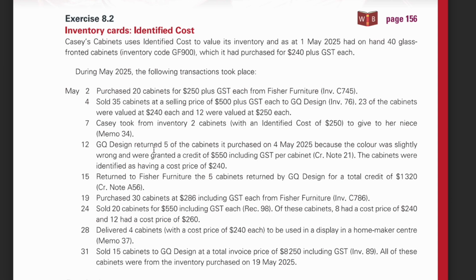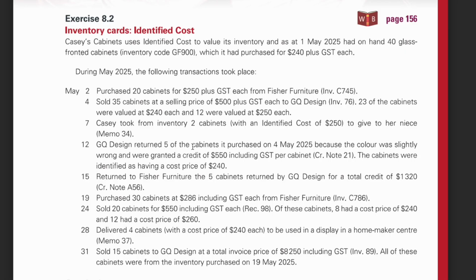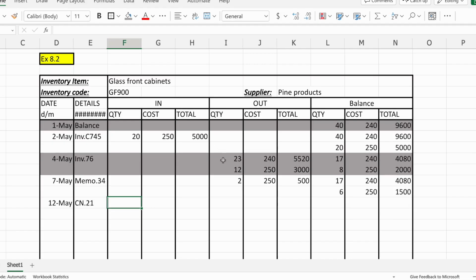So the cabinets were identified as having a cost price of 240. Let's go to the 4th May, and they said return 5 of the cabinets purchased on 4th May. So they returned 5, which means they're worth 240.